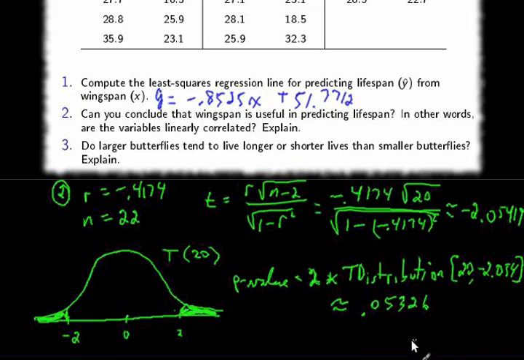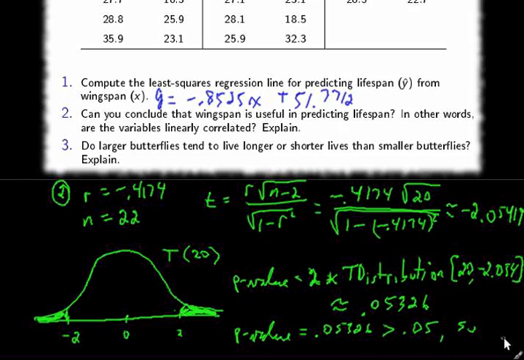Since we weren't told otherwise, we need to compare that to 0.05. The p-value 0.05326 is greater than 0.05, so we conclude that the variables are not linearly correlated.